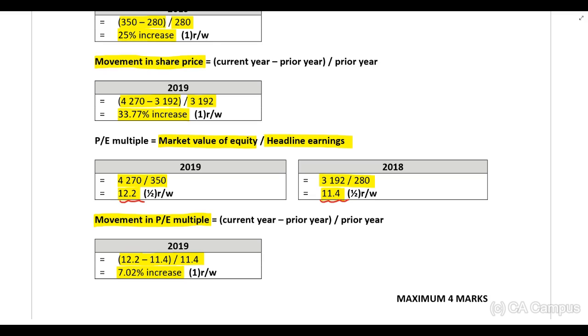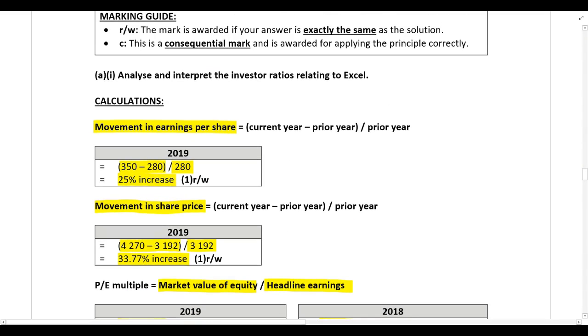Now we need to move on to the discussion and discuss what we've actually calculated. Now, in our lecture, I provided you with a framework that you should use for the discussion of your ratio calculations. And in terms of this framework, first we are going to interpret the calculation.